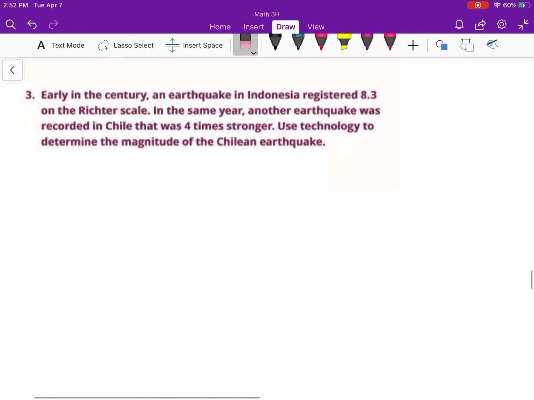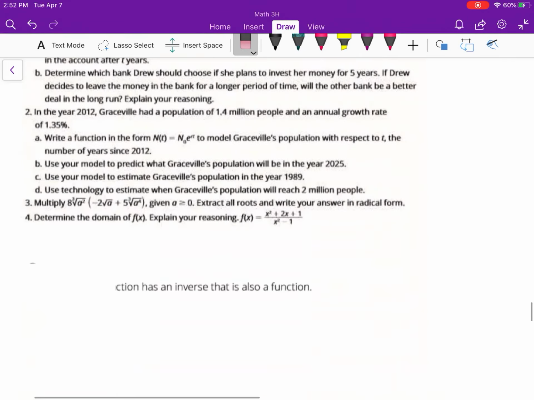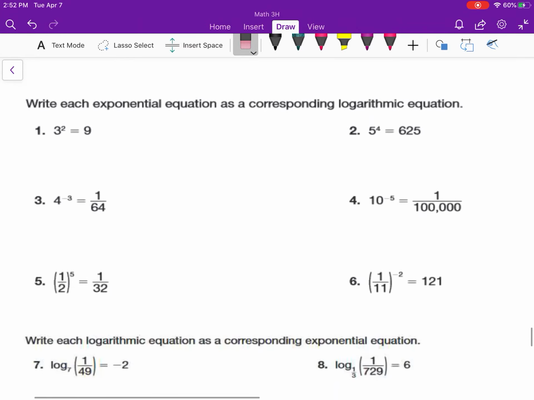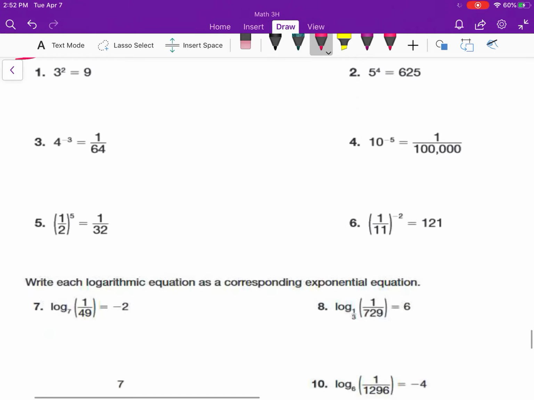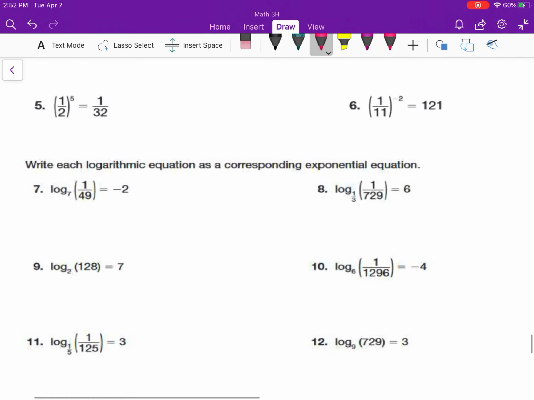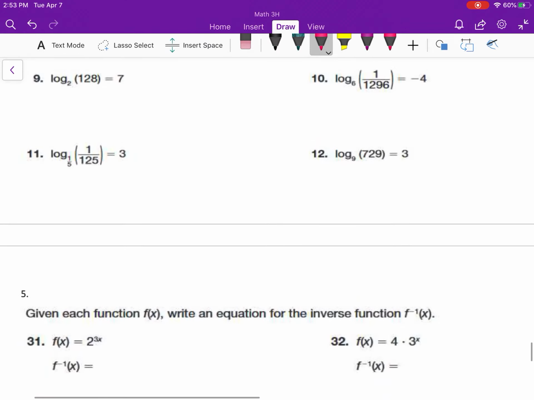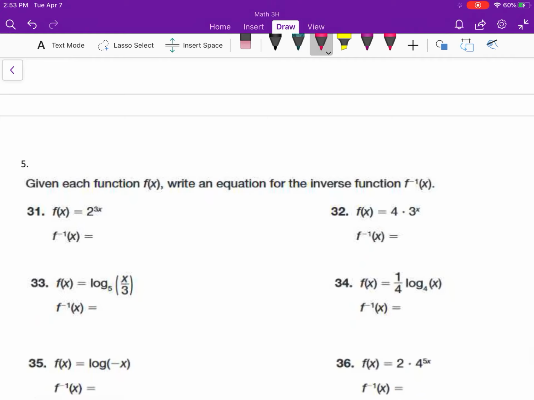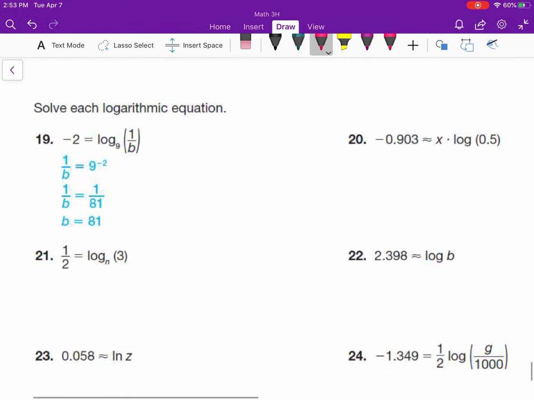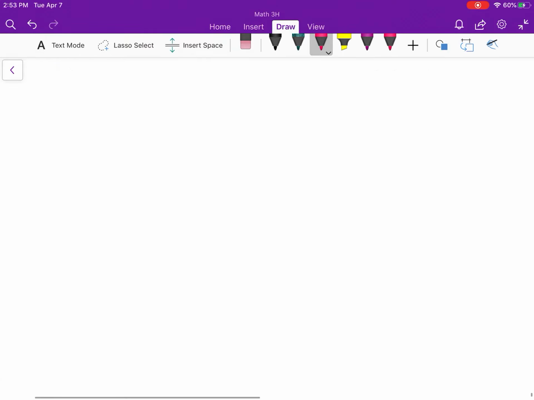Of course, Carnegie tries to make it as hard as they can. I have a shortcut for you. And then here, you can do this part here. You can rewrite these as exponents. It's rewriting it as the log, basically. If you want to try this part, you can. And try this part here, too. These are good practice problems, okay?